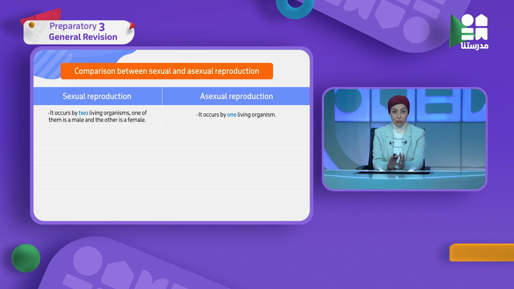No need for male and female in the case of asexual reproduction. Number two, sexual reproduction occurs in most multicellular organisms. Of course it happens in higher organisms because there is male and female, so it occurs in multicellular organisms, either animals or plants.